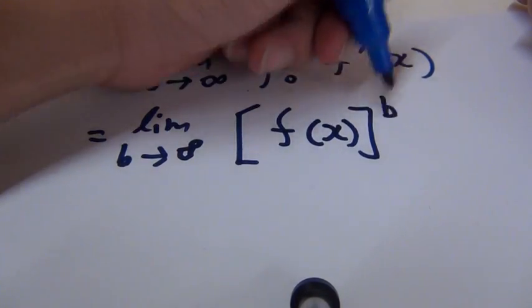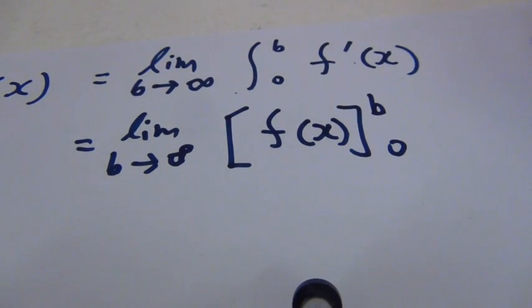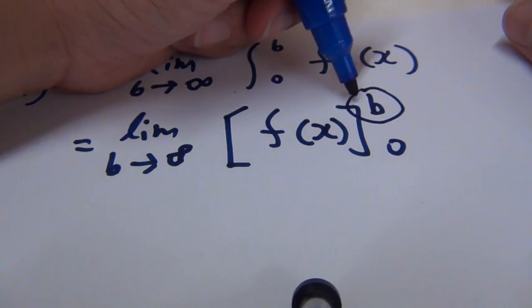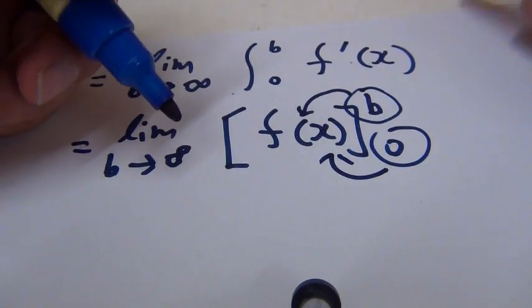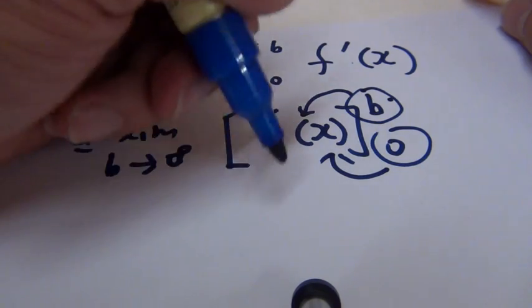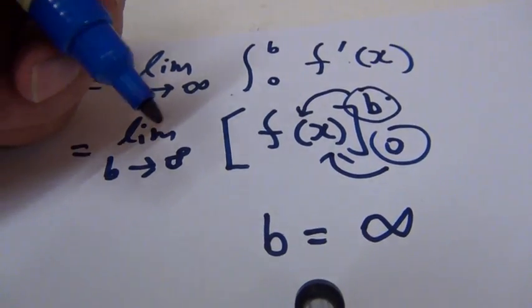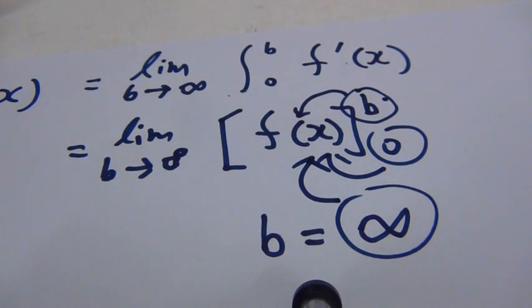Then you copy back your limits. Now you just do your normal integration. You substitute this one inside and you substitute this one inside. When you substitute b, notice that b is approaching infinity, so your b will be equal to infinity. Take this b as infinity and substitute it inside.